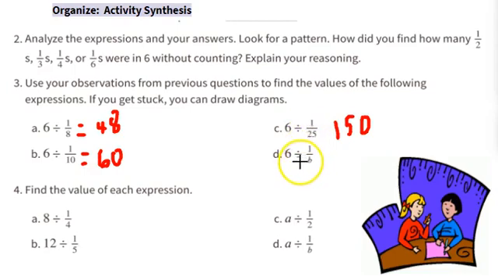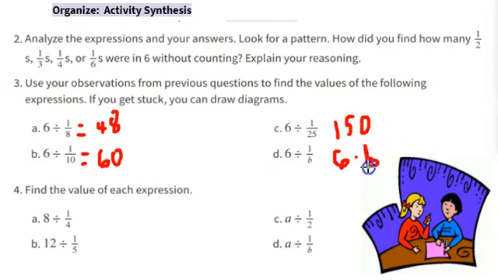What about here? 6 divided by 1/b. Well, we don't know. We know that there are b parts in one whole, so it's actually 6 times b. We could plug in whatever number we wanted for b and get an actual number for the answer.